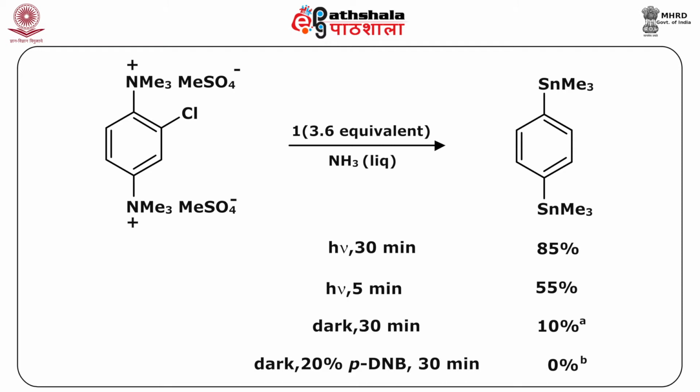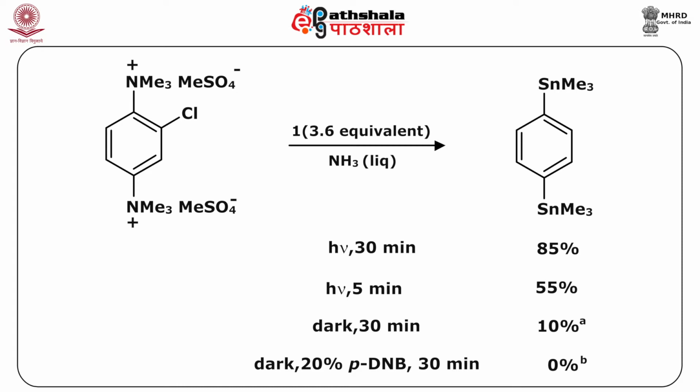Thus, if the reaction is totally quenched upon the addition of PDNB, this unambiguously establishes the presence of the SRN1 chain radical mechanism initiated by spontaneous electron transfer, that is SET, which was stimulated by photoradiation or by simple irradiation of light.